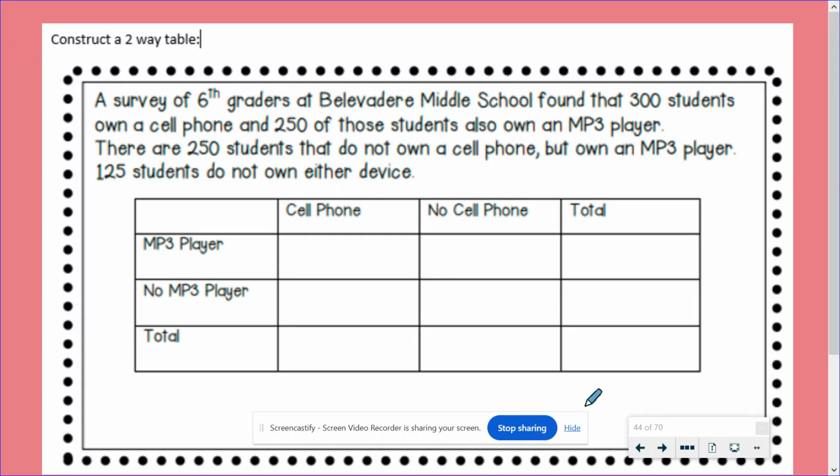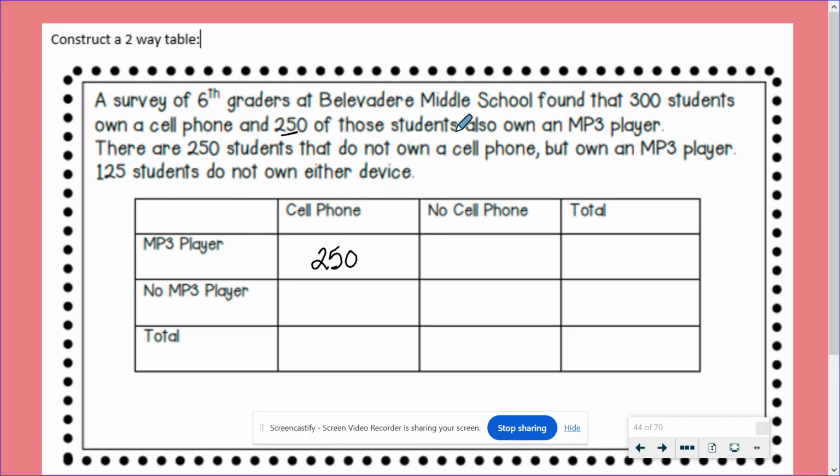So let's go in and fill in what the obvious pieces of information would be. So this 250 is pretty obvious because that's how many students own a cell phone. So under my cell phone category, and also own an MP3 player, that's going to go right here.